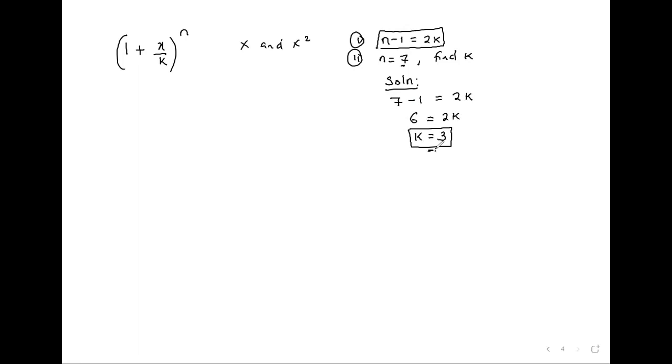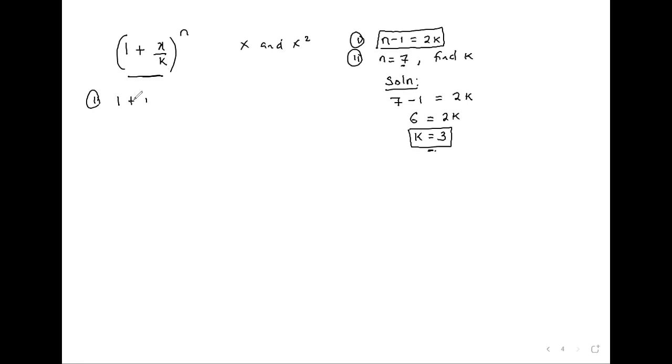We have found k. Is it okay? We are given the equation in part 1 that n minus 1 is equal to 2k. Then in question 2, they tell you that if n is 7, what is k? So you substitute in that same equation.